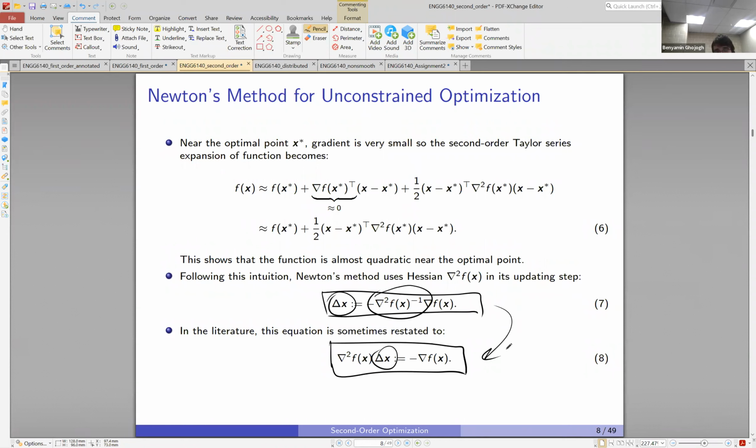You might be wondering why backpropagation only uses first order optimization and not second order optimization, although we know that second order optimization is much faster than first order optimization. So there are some advantages and disadvantages for first order and second order optimization.